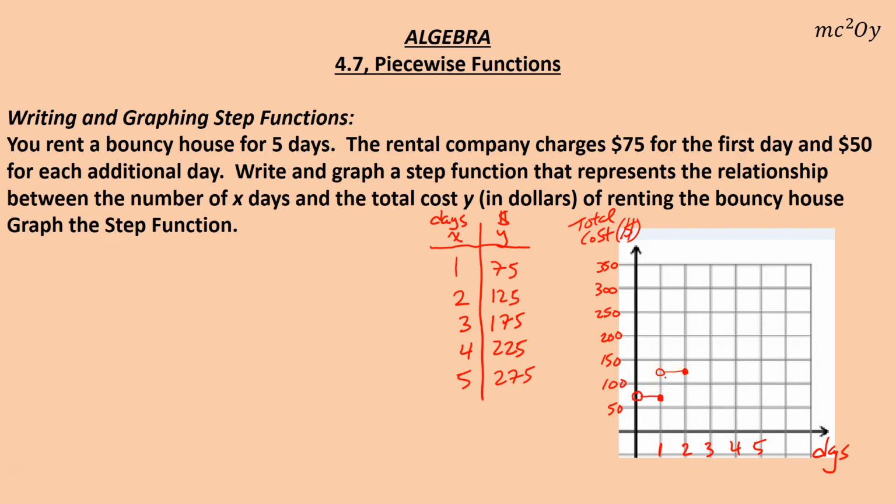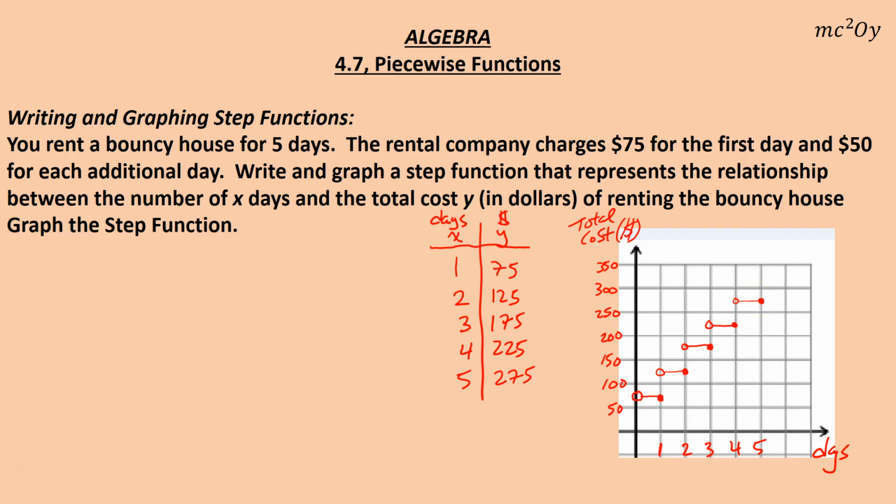And I can do the same thing here for 3 days. At 3 days, that's 175. At 4 days, I'm at 225. And at 5 days, I'm at 275. All right. That's a step function. Notice you see your steps there.